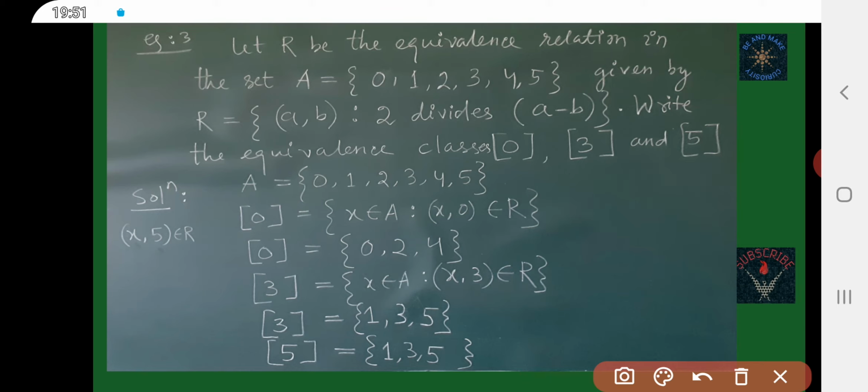Now you come to (3, 5), which belongs to R, because if you subtract 3 minus 5, you get minus 2, which is divisible by 2. So you can take 3.